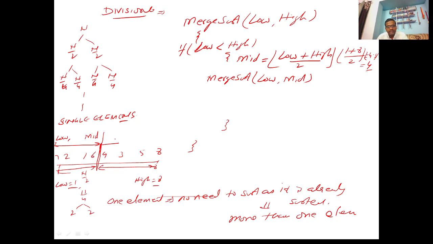The second list starts from mid plus 1 and ends at high. The first call is responsible for the division of the left list, and the second call to the same algorithm with arguments mid plus 1 and high is responsible for division within the right list.